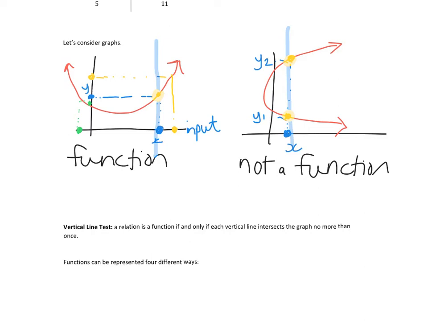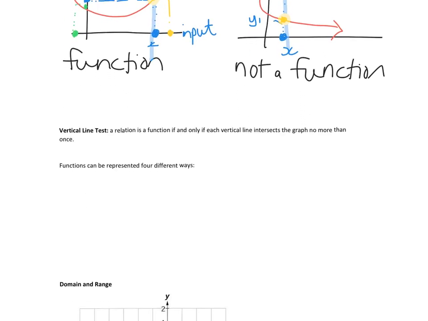All right, so this leads to our vertical line test down below. A relation is a function if and only if each vertical line intersects the graph no more than once. So if the vertical line intersects the graph no more than once, like here, it's a function. And a relationship is a function if we can draw a vertical line and it only touches our graph once. All right, so a really quick way to see if something is a function or not.